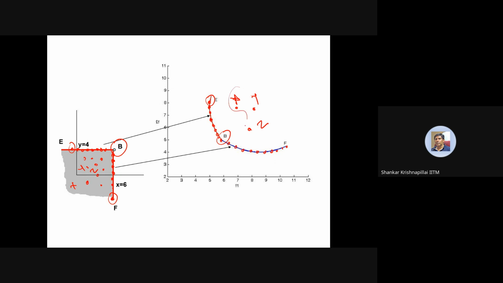So you can see that these are all dominated points. And this lower line is the non-dominated. So it is nothing but this constraint boundary which comes as the Pareto front.